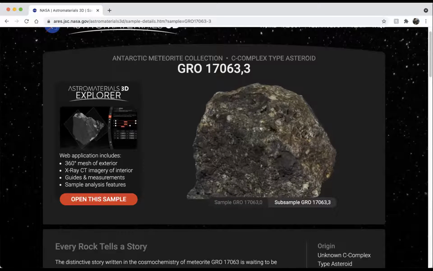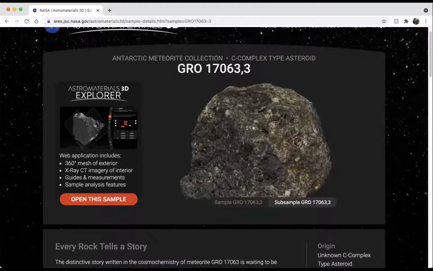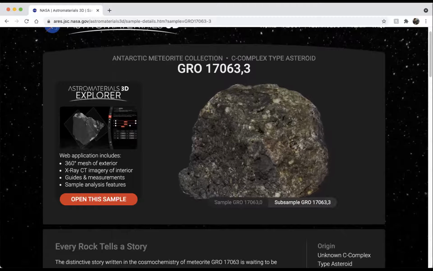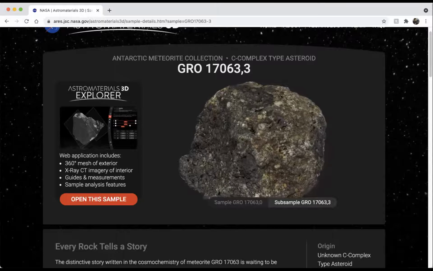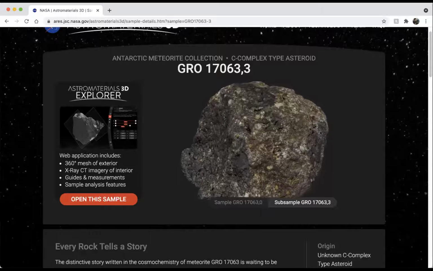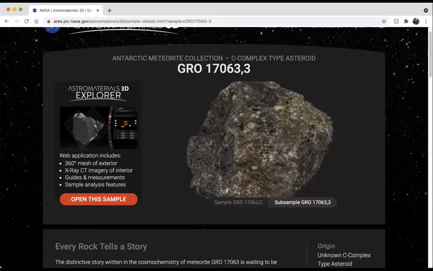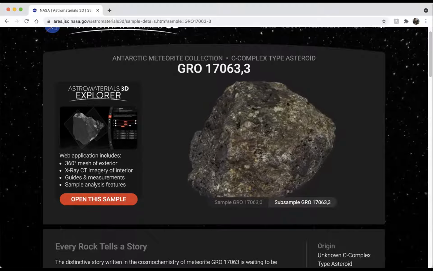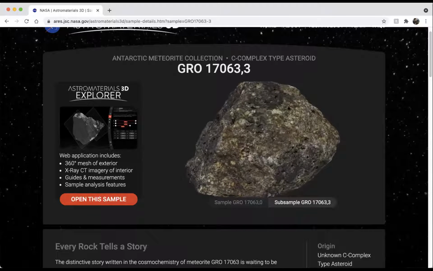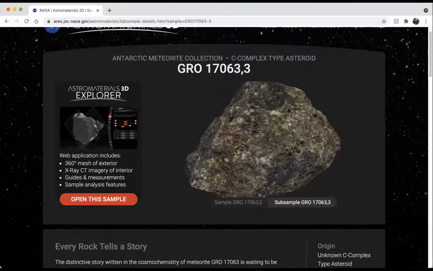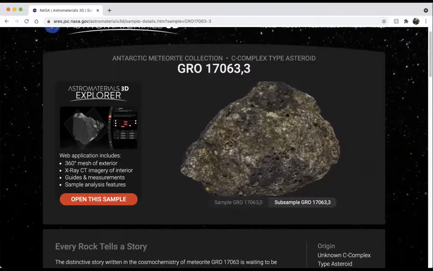During initial classification analysis, calcium aluminum-rich inclusions, which are known as CAIs, were also discovered in this rock. CAIs are among the very first solids to form out of the nebular cloud that birthed our sun. CR2 chondrites are also known to have a wide range of diverse organic compounds, including amino acids and other prebiotic ingredients.